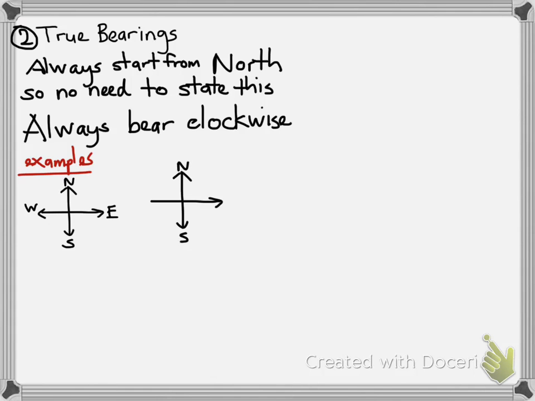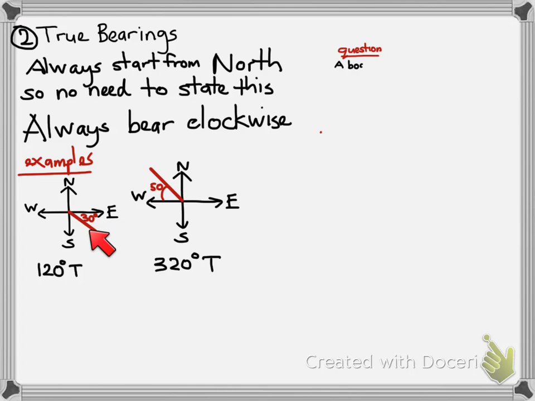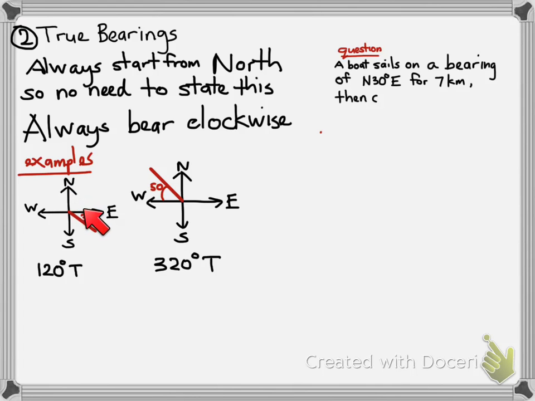If we look at two examples, in the first example, to get to this bearing starting from north, we would have to move through an angle around to here. The angle we have to move through is 90 degrees to get towards east, and then another 30 to get to our final position.